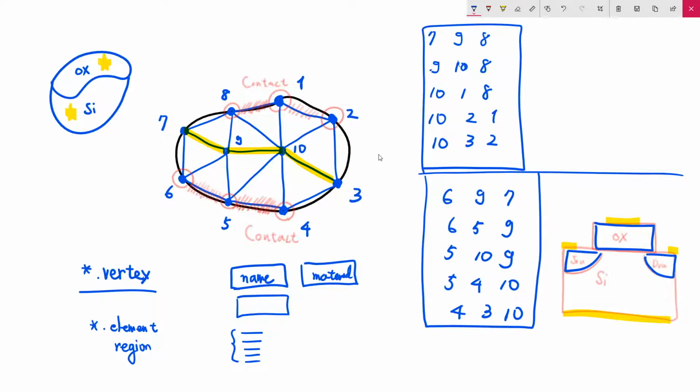Okay, 1, 2, 3, 4. Four bulk regions can be generated quite easily. Of course, you can generate even more. I think that maybe Mr. Park knows it quite well because his master research topic is quite related to generating device structure.